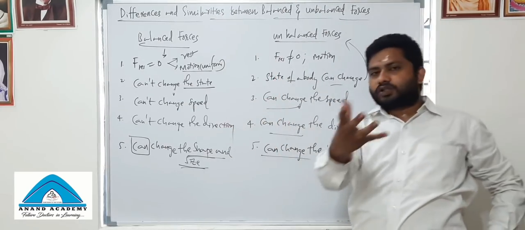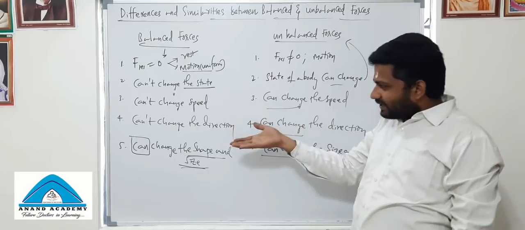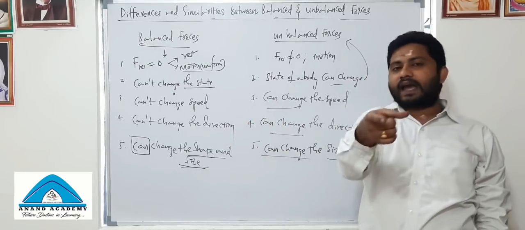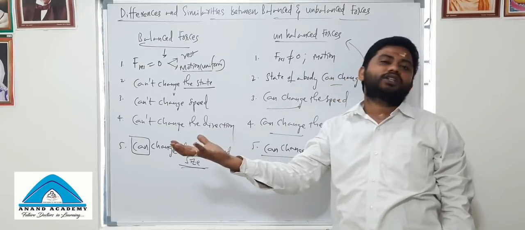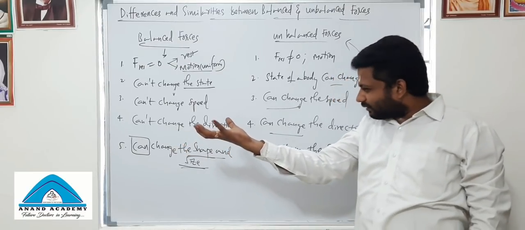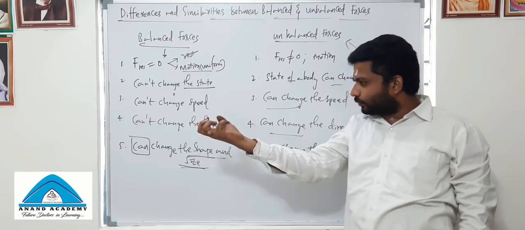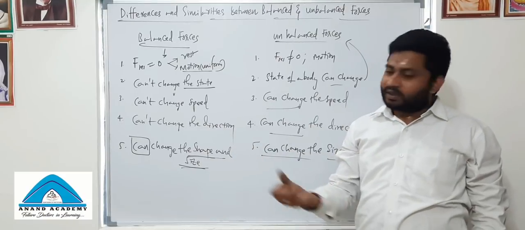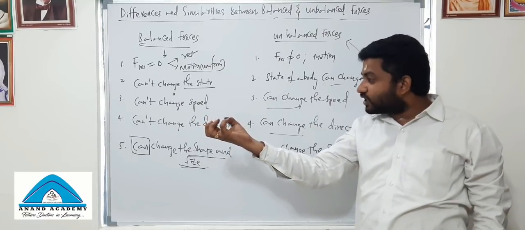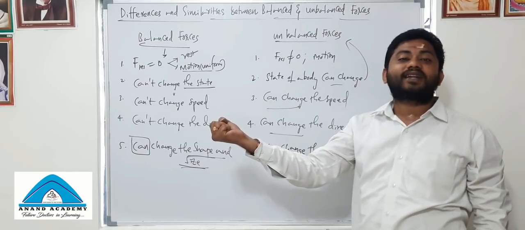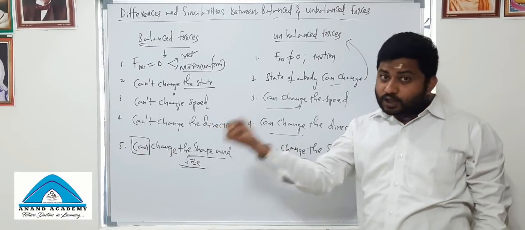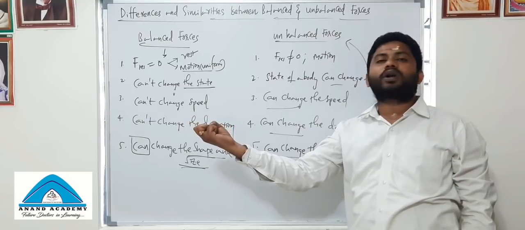Imagine we have a sponge. In the last part of the session I told you, imagine you have kept a sponge in your hand and applied a crushing force like this. What happens? The shape and size of the body is changed by the application of force, but the body is in the same state of rest. Yes or no? As soon as you apply a crushing force, the body is not flying.